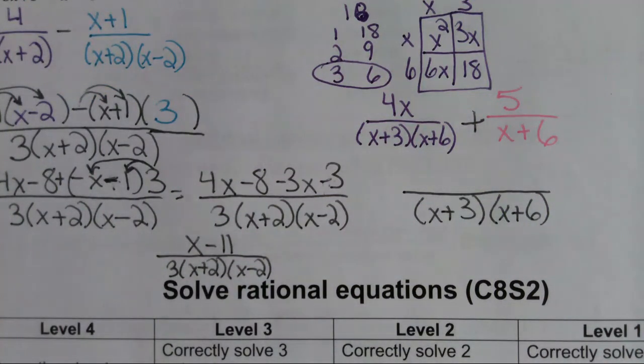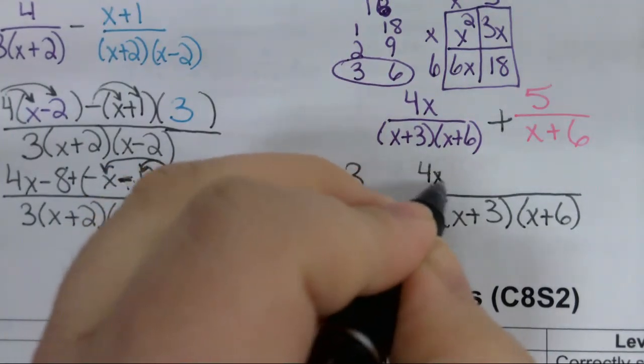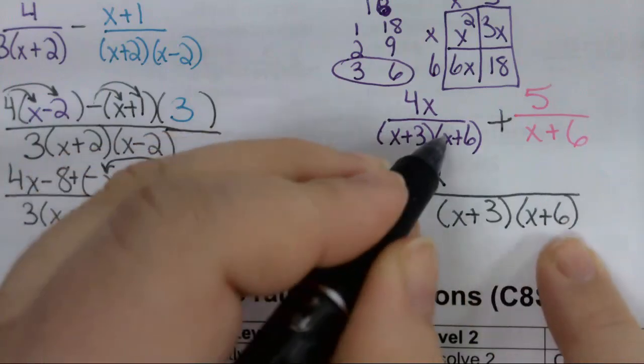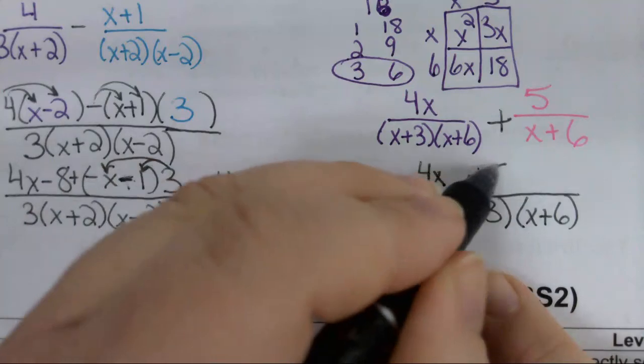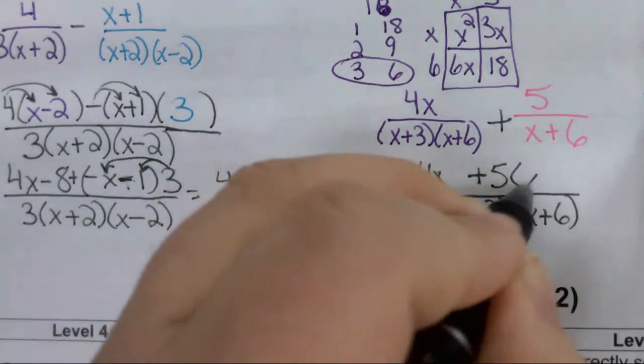So we're going to now find what's missing. The first one, the numerator was 4x, and x plus 3 was already there, x plus 6 was already there, so I didn't have anything missing. Plus 5, and I already had an x plus 6, but I did not have x plus 3.